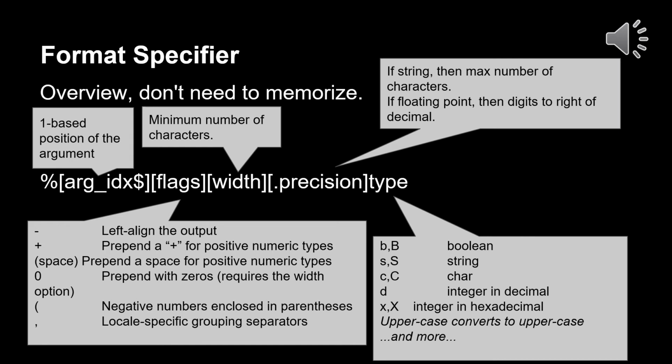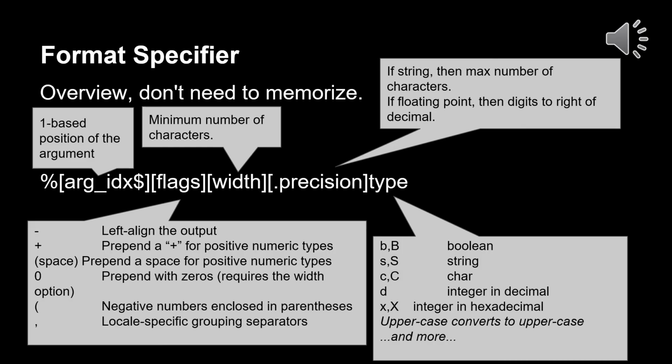Format specifier. So we're talking about the string that's the first argument to printf. Basically each format specifier begins with a % and ends with a type. What's shown here, anything within the square brackets indicates optional.